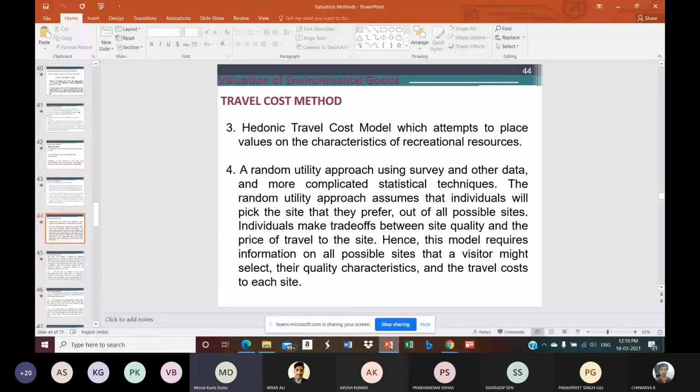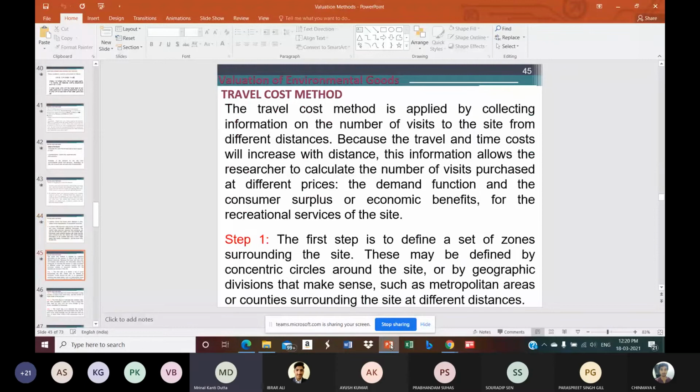So there is a budget constraint, obviously. They may not be in a position to go for both at the same time, lesser cost and better sites. So this model requires information on all possible sites that a visitor might select, their quality characteristics, and the travel cost to each of these sites. So this is another approach, but mostly we'll be focusing on the first two approaches.